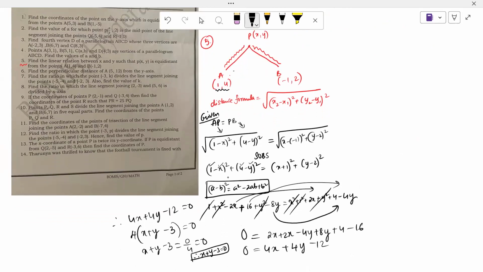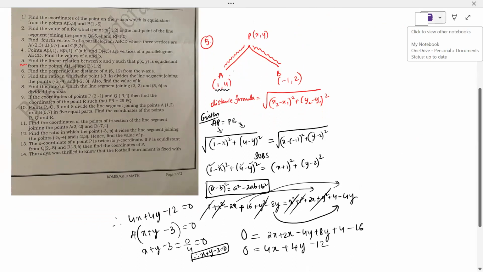I'll explain once again. See, the distance AP is root of (1 minus x) square plus (4 minus y) whole square, equal to root of (x minus of minus 1) whole square plus (y minus 2) whole square.